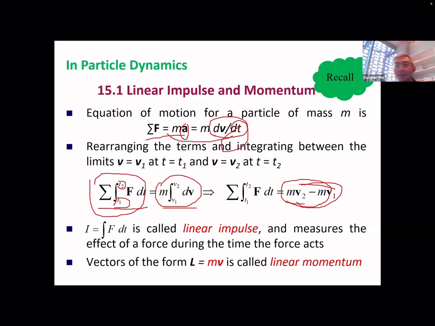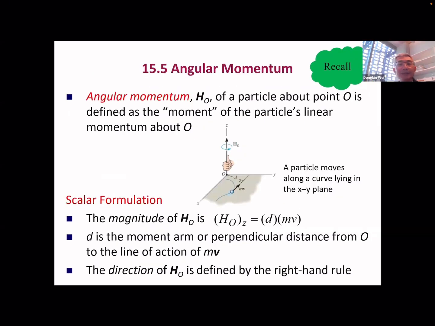Now, angular momentum for a particle. How to define this? Look at this diagram. We assume there is a plane XOY, and here you can see there is a particle, and it has a velocity v.